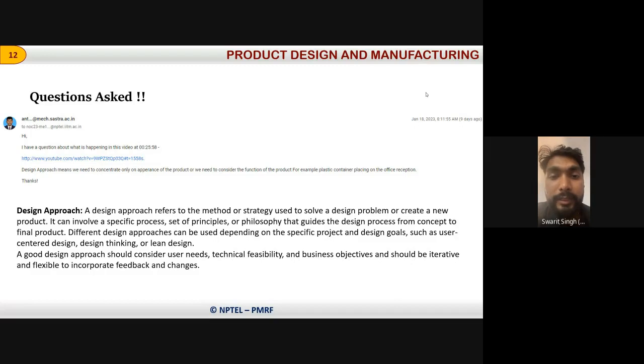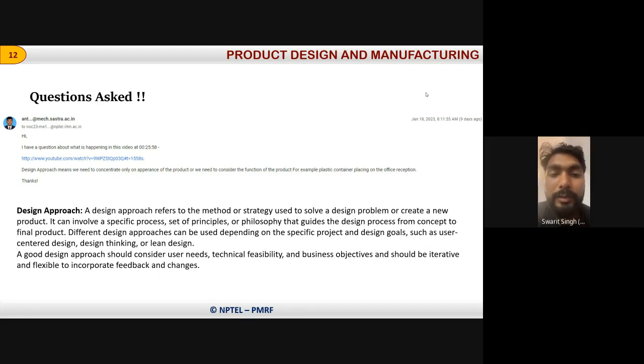Different design approaches can be used depending on the specific project and design goals, such as user-centered design, design thinking, or lean design. A good design approach should consider user needs, technical feasibility, and business objectives, and should be iterative and flexible to incorporate feedback and changes.